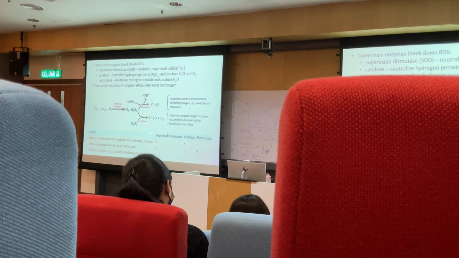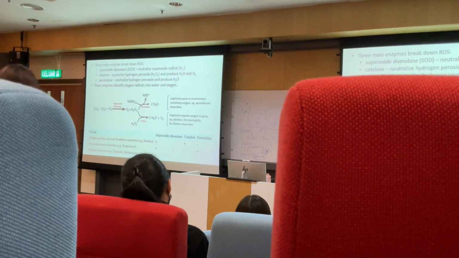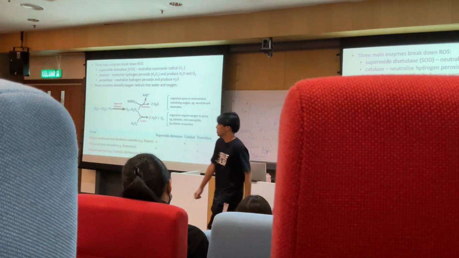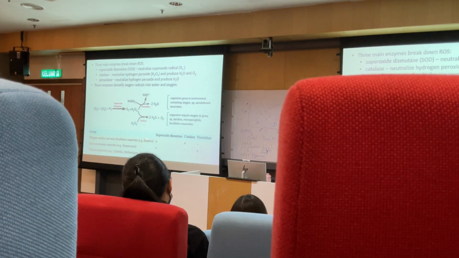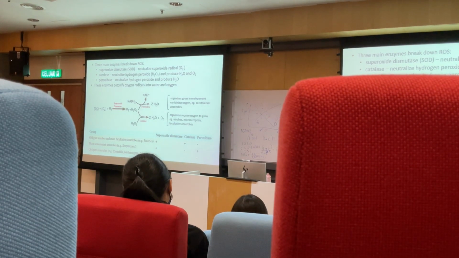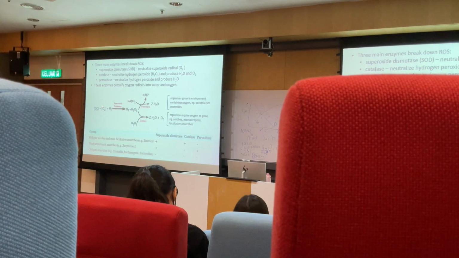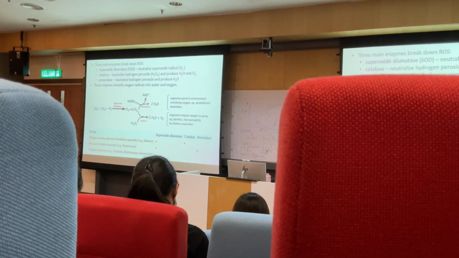Now, those enzymes can be present in the bacteria, but not all bacteria have these three enzymes. If you look at the obligate aerobes and most of the facultative aerobes, because they require oxygen, they will have superoxide dismutase, first of all, to convert the superoxide radical into hydrogen peroxide with oxygen.